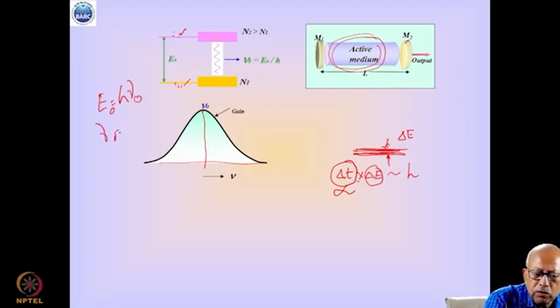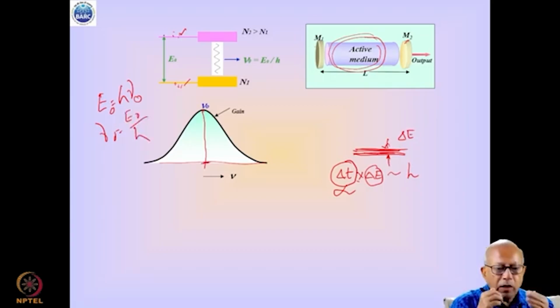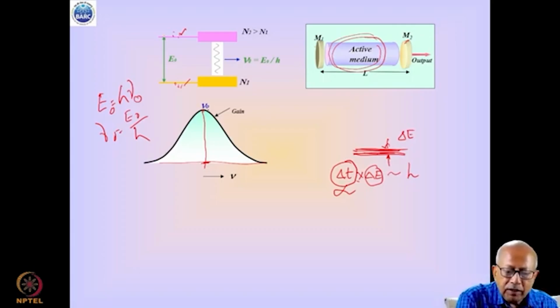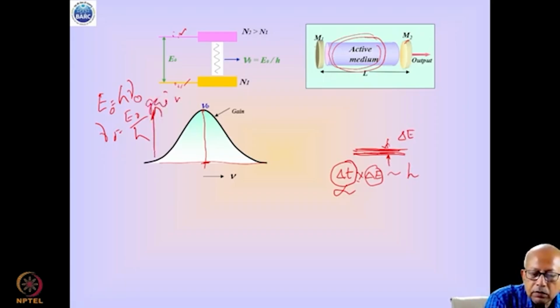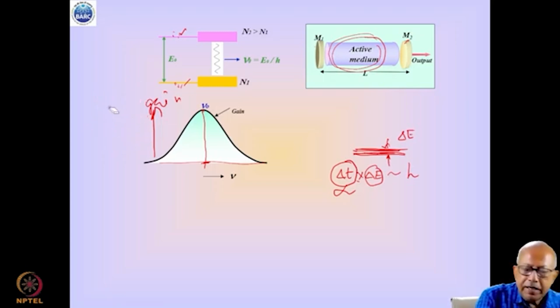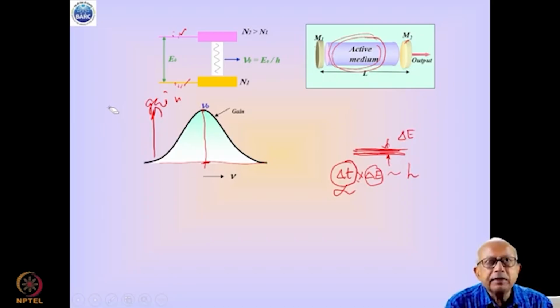So nu 0 equals E0 by h. So this is this frequency. At this frequency where we have created gain, the value of the gain peaks here. This is the gain. And it drops off on either side.